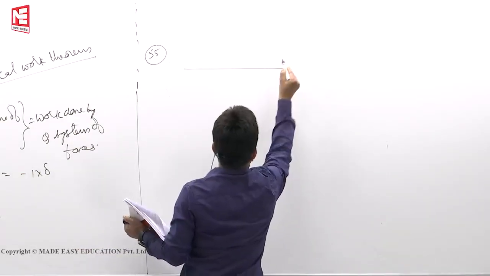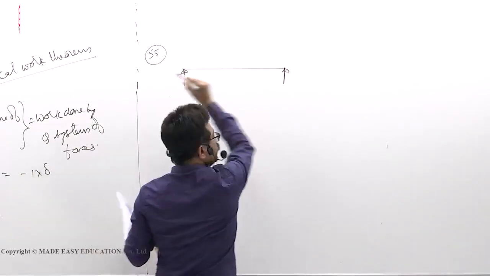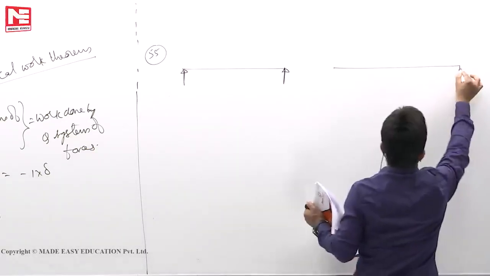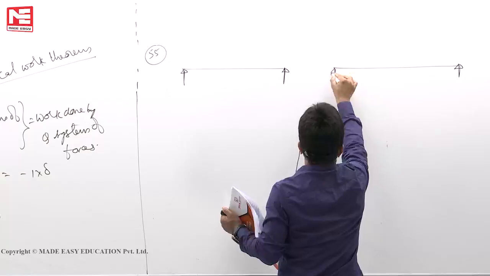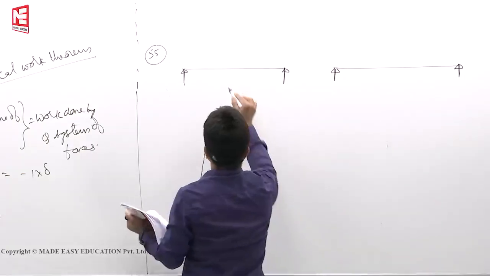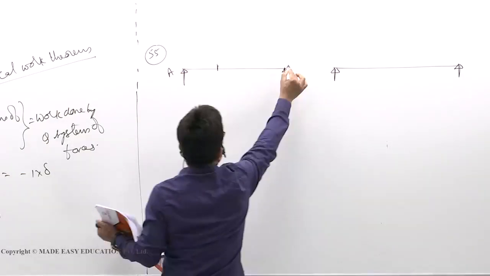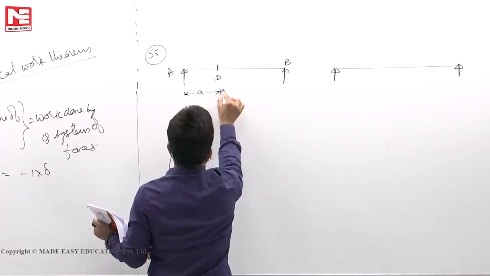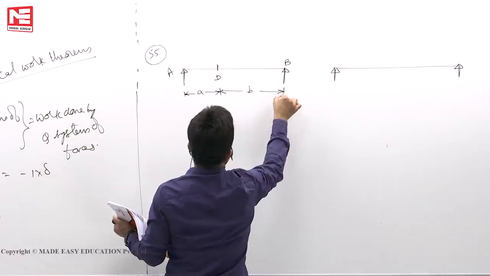Span less than loaded length means the loaded length is more than the span. Two cases we are taking. Whether it is maximum bending moment at a section D, you take it. This distance let us say a, this distance let us say b.